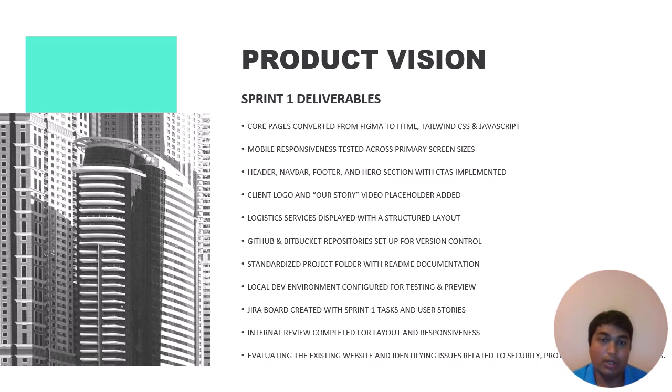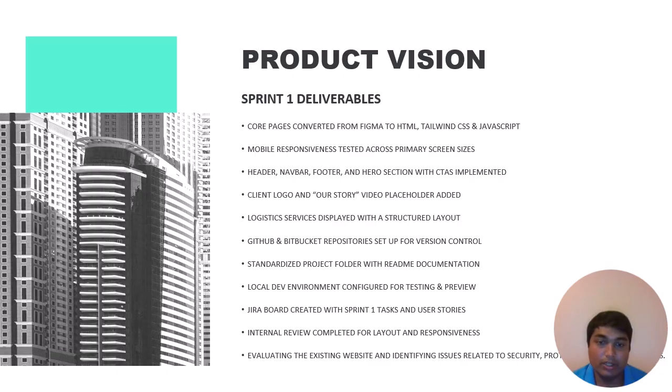These are our Sprint 1 deliverables. Code base converted from Figma to HTML, Tailwind CSS, JavaScript. Mobile responsiveness tested across primary screen sizes. Header, navbar, footer, and hero section with CTAs implemented. Client logo and hours tree, video placeholder added, logistics service displayed with structured layout.